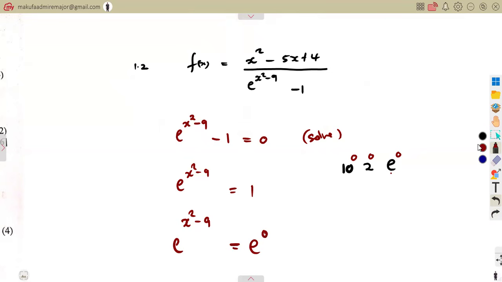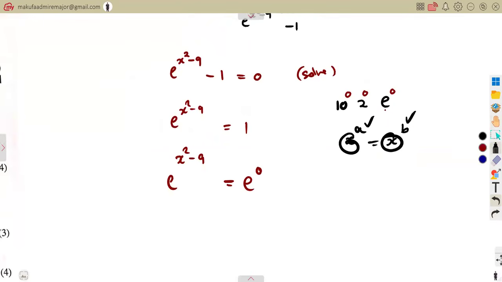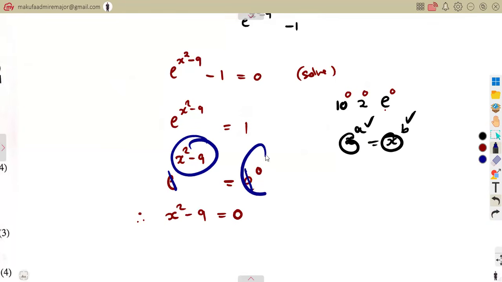Why write this way? Because we do understand that if the bases are the same, automatically our exponents will be equal. So this means x squared minus 9 must be equal to 0, because of these bases that we are seeing. These exponents will be equal.